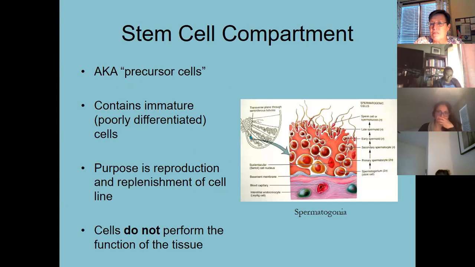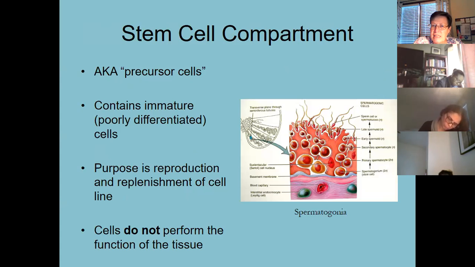So we're going to start with stem cells. So cells that are in the stem cell compartment are also called precursor cells. They can also be referred to as simple cells or poorly differentiated cells. Those terms would describe cells that are in the stem cell compartment.